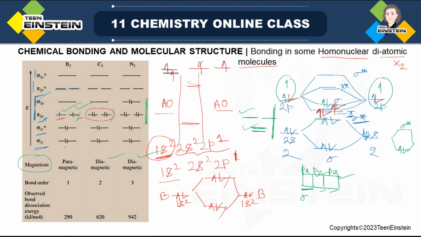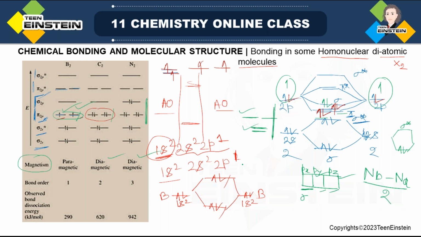What about bond order? Use the formula Nb minus Na divided by 2. For B2, these two are bonding, there is no star sign. That means 2 bonding electrons, 2 minus Na, which is 0. No star-marked orbital, that is the anti-bonding orbital, has any electron.